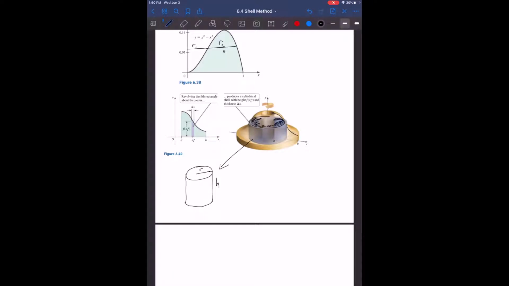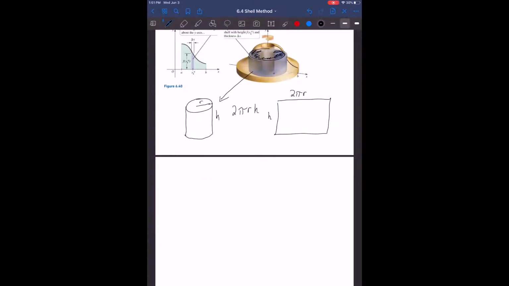We know that the surface area is going to be 2 pi r times h. You can think of this as if you cut the cylinder in half and unfurl it. It's going to be a rectangle with 2 pi r on top, which comes from the circumference of the circle, and a height of h.